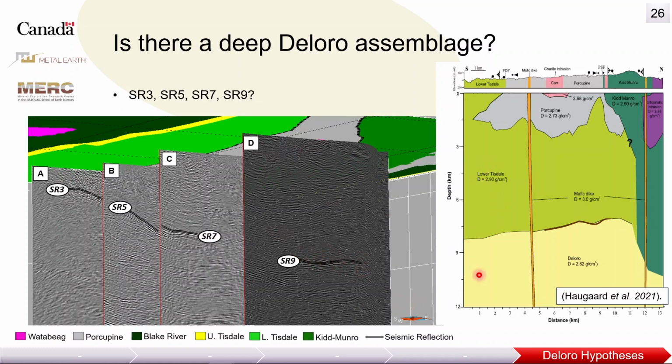So based on this previous study, this reflector here could be the lower assemblage, the top of the lower assemblage. And we see in the other seismic sections something that seems to be correlated. So let's reinterpret the seismic sections and see what happens in the density model, in terms of misfit and what results we can get from this.